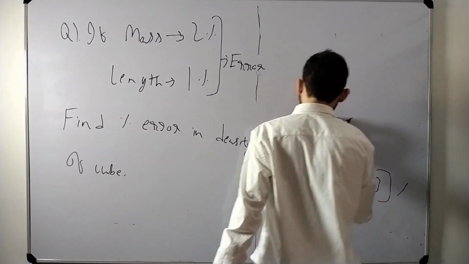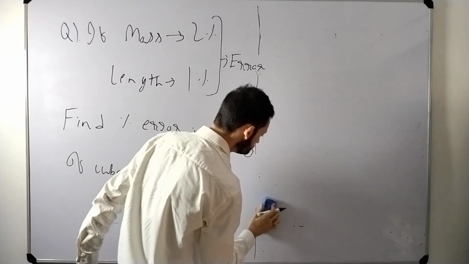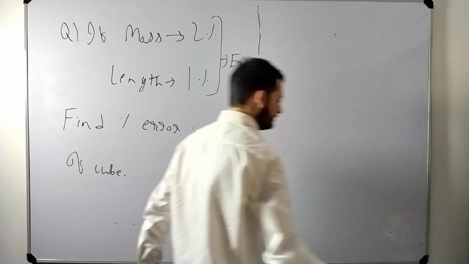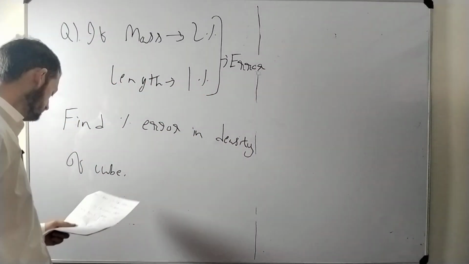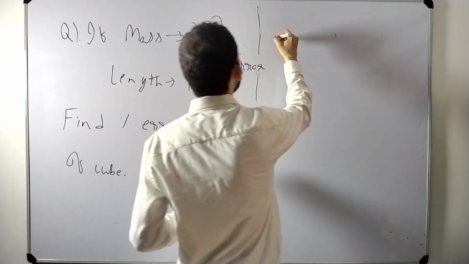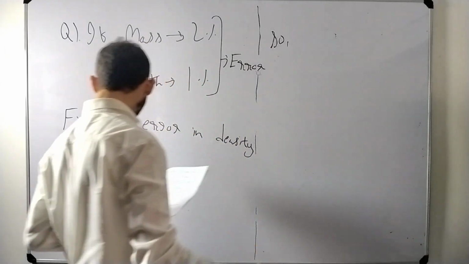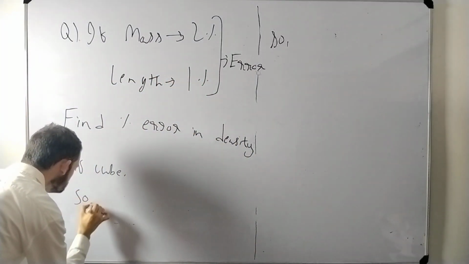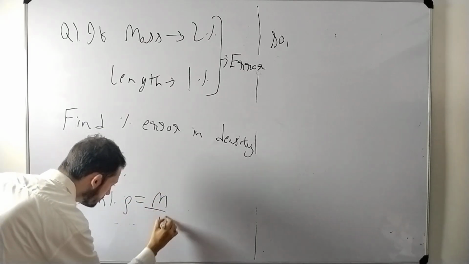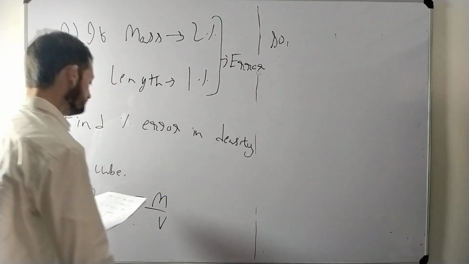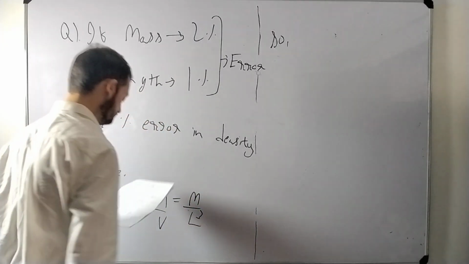You think of yourself now. So, solution. Rho is m upon v, and m is m, but volume is L cube.